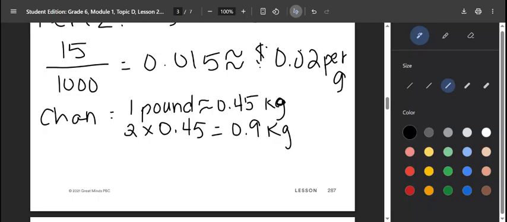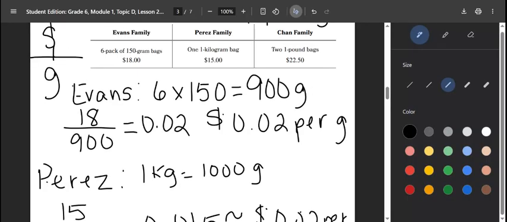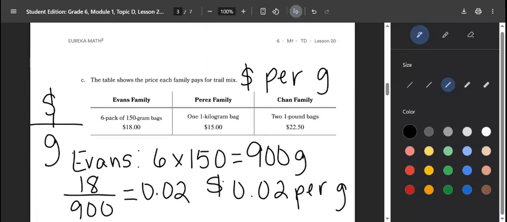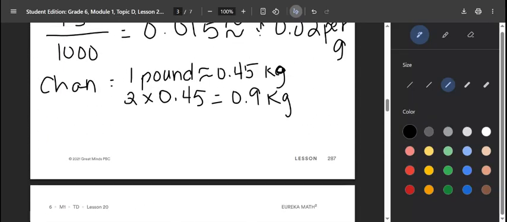And we're doing, let me look up here to make sure, the price per gram. So now I've got to take that 9/10 kilograms and convert it into grams. Now 9/10 times 1,000, because there are 1,000 grams in 1 kilogram, gives me the number of grams.